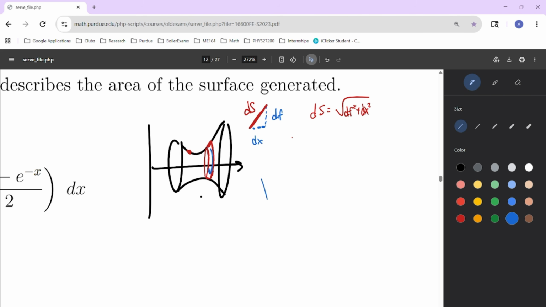So if I draw this out a little bit to make it clearer, it may look like this, right? This is the center which the x-axis passes through. And then that means the approximate radius of this cylindrical shell would just be the value of the function itself, f of x.